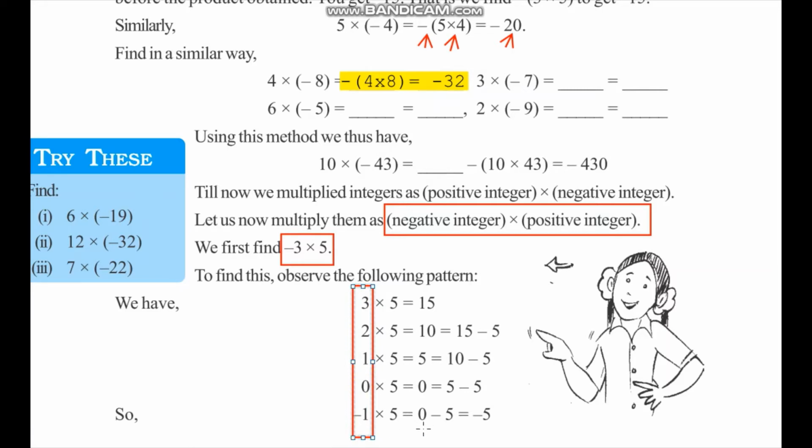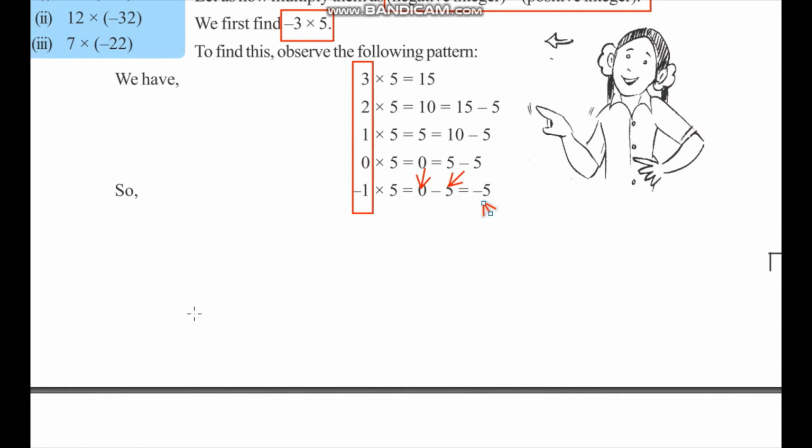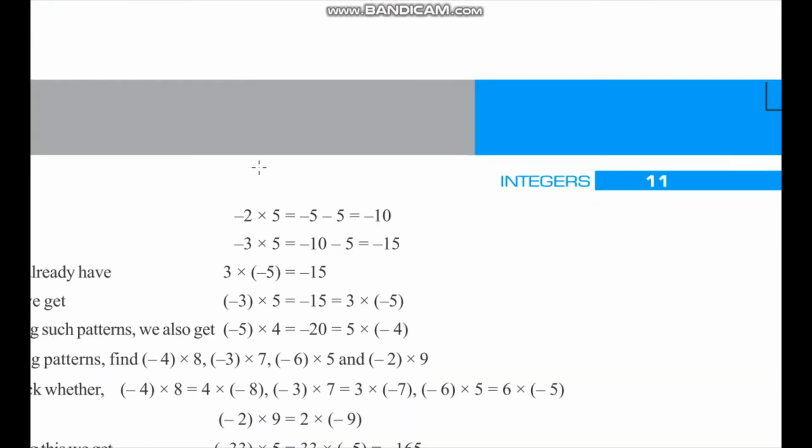So how do we get for minus 1? What we need to do is bring down this 0 here and subtract 5 from it. So 0 minus 5 is nothing but minus 5. Similarly, if we move further down the number line, from minus 1 we get to minus 2.